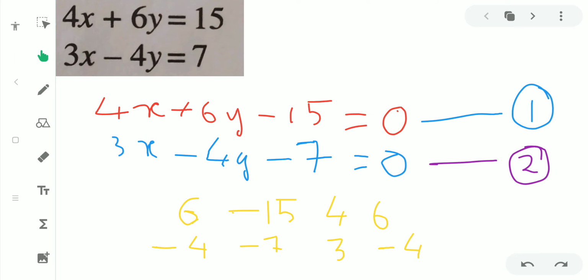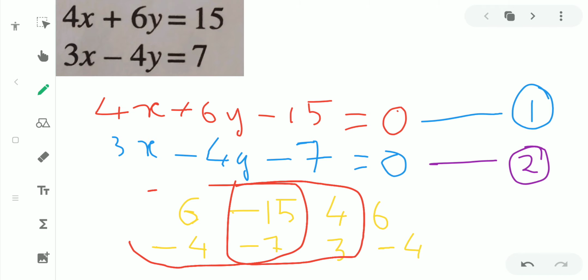So now we have done with this part as well as with this part.